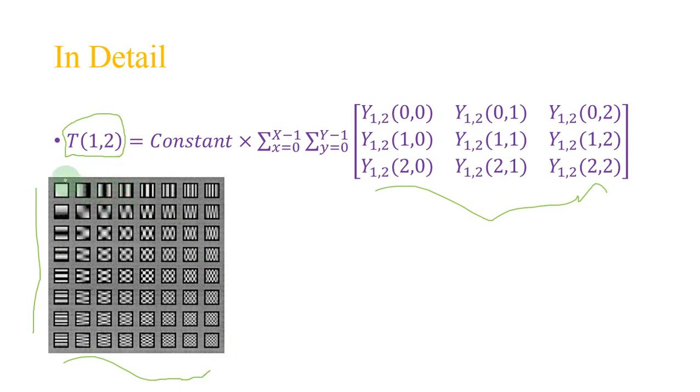For example, this will be the basis function for 0 comma 0, and it will be an 8 cross 8 matrix because the size of the input matrix is 8 cross 8. In our case, the size of the input matrix is 3 cross 3, so all the basis matrices will be 3 cross 3.